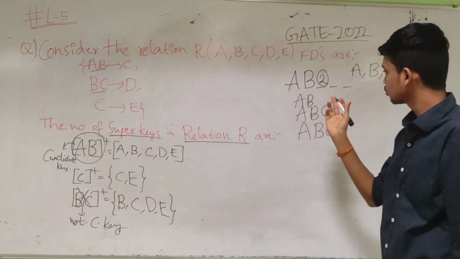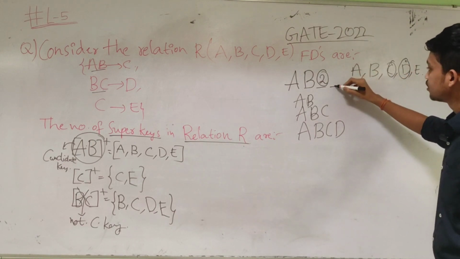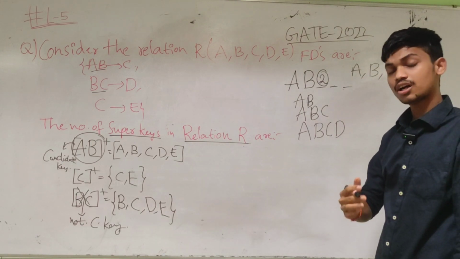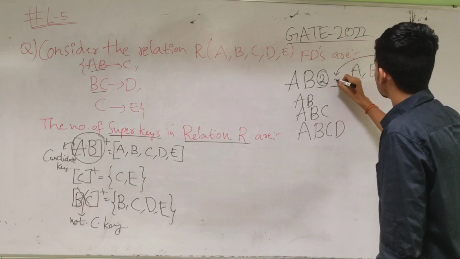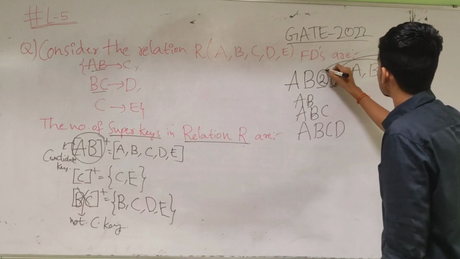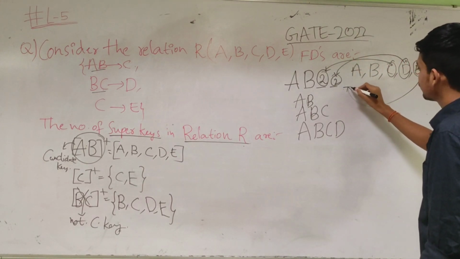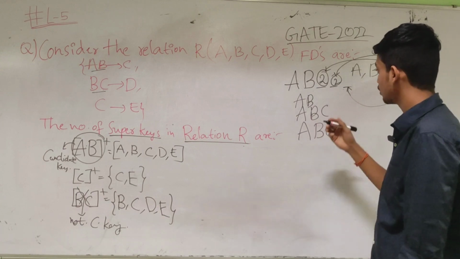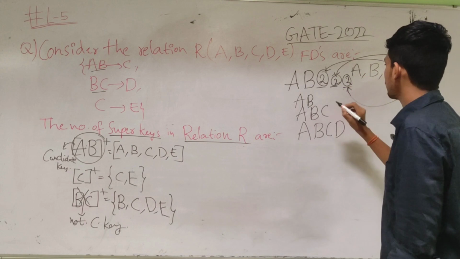This is permutation and combination. Let us take D. D can be placed here or not, 2 possibilities. Let us take E. E can be placed here or not, so here also 2 possibilities.